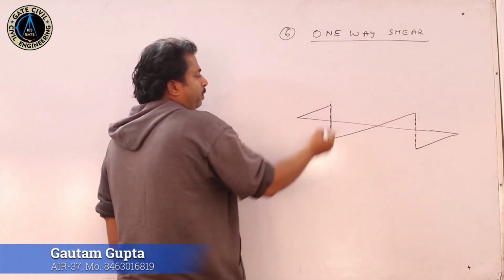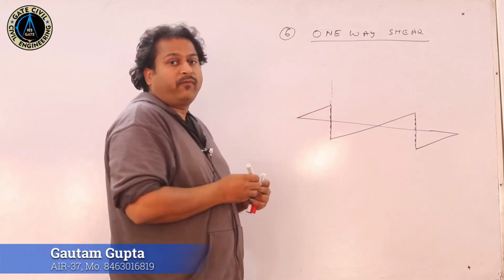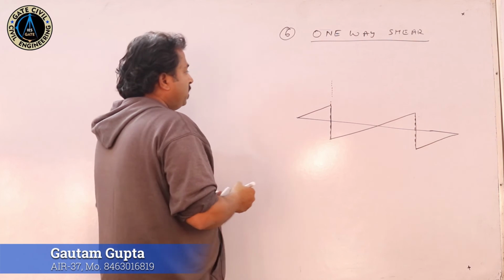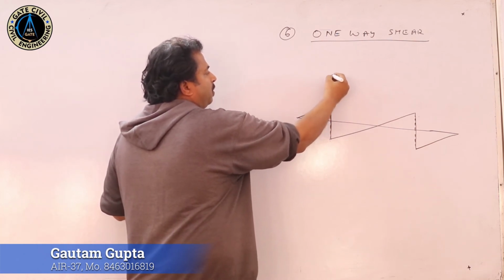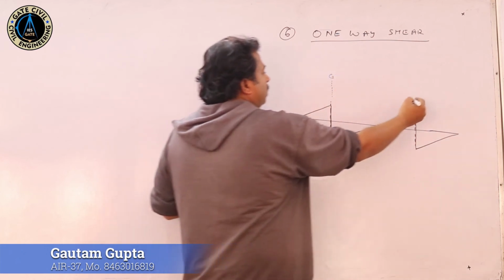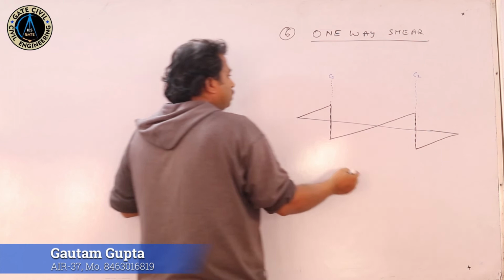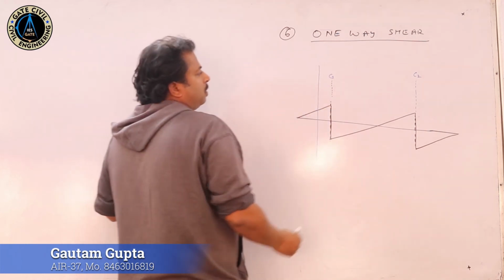Now, the shear is calculated at a distance of d from the face of the column. That means from this point, the center line of column 1, and the center line of column 2. So this is the critical section.